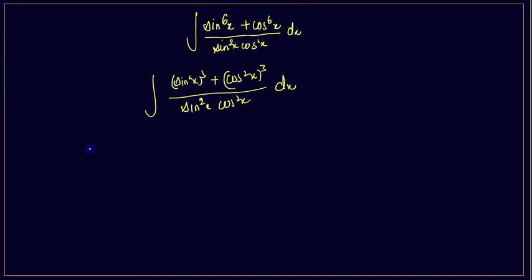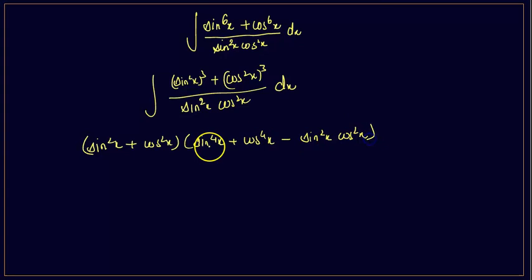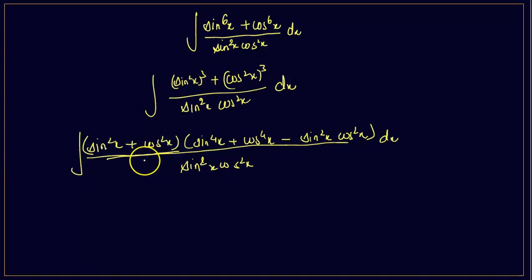So everything turns out to be (sin^2 x + cos^2 x) into (sin^4 x + cos^4 x - sin^2 x cos^2 x), and here you will write sin^2 x cos^2 x, and here you will write integration, and this one will be treated as dx. So this value, sin^2 x + cos^2 x, is equal to 1.